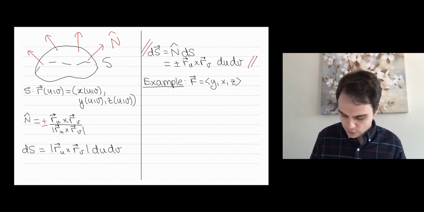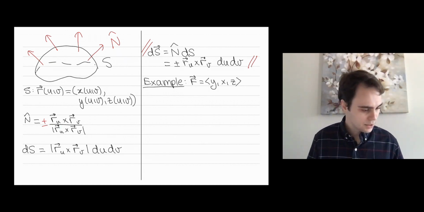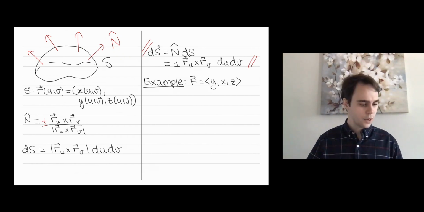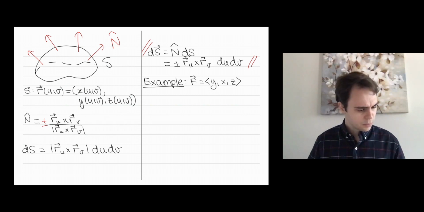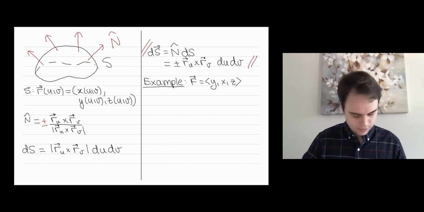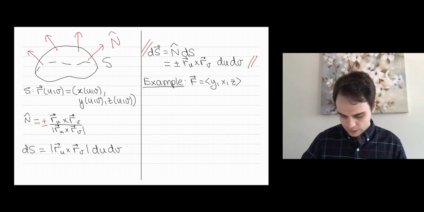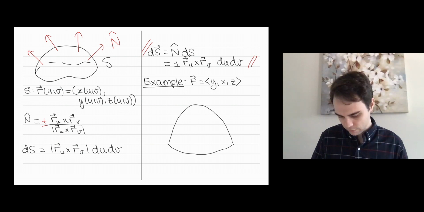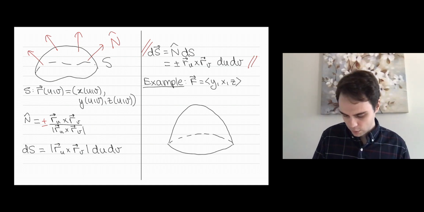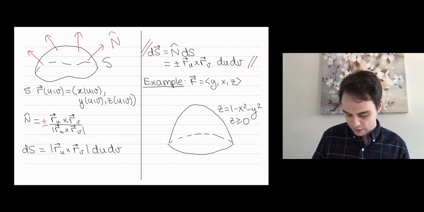And I'm going to say my surface is a piece of this upside down paraboloid, with equation z equals 1 minus x squared minus y squared, that lies above the xy plane.